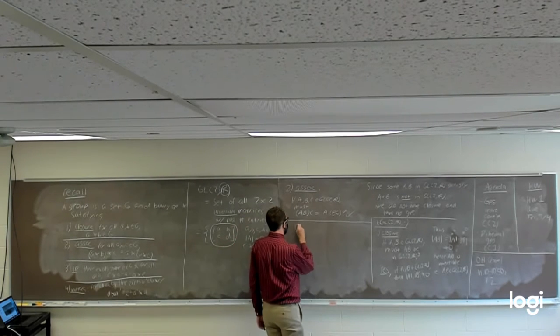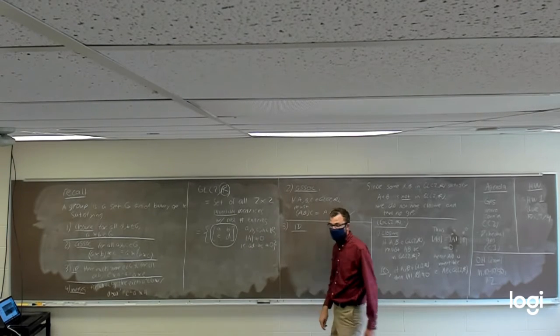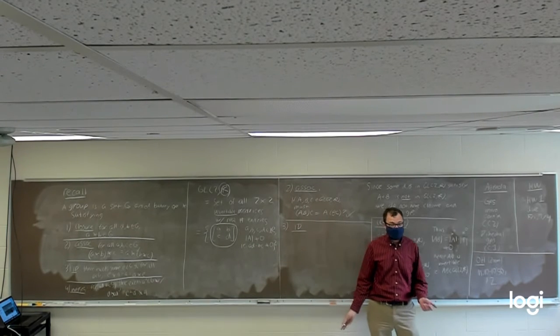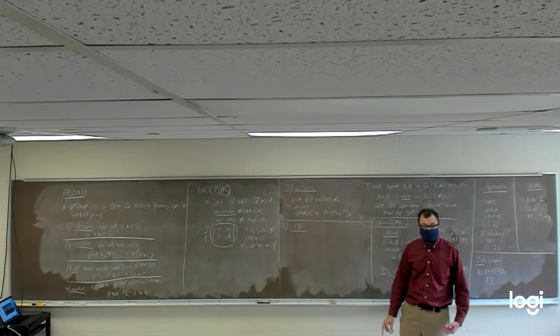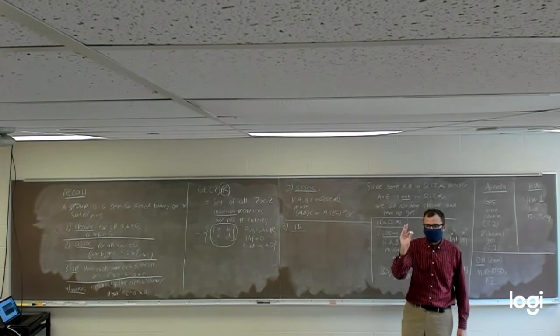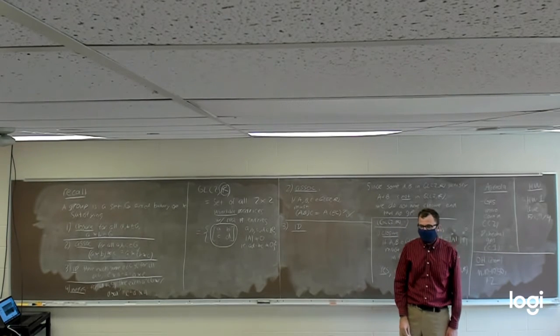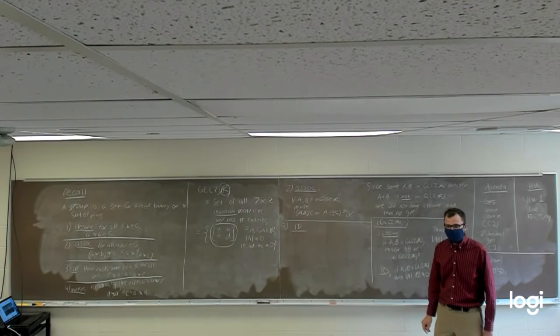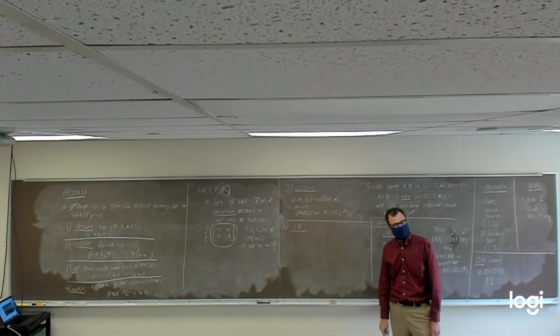All right, let's check for identity. Is there a matrix that could serve as the identity element here? The identity matrix. What's that again? 1, 0, 0, 1. Okay.